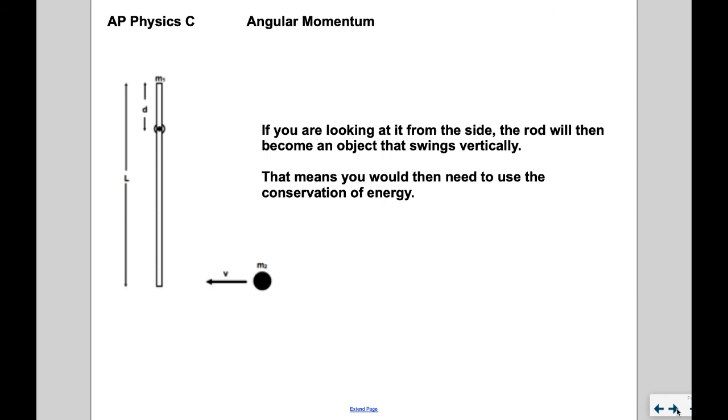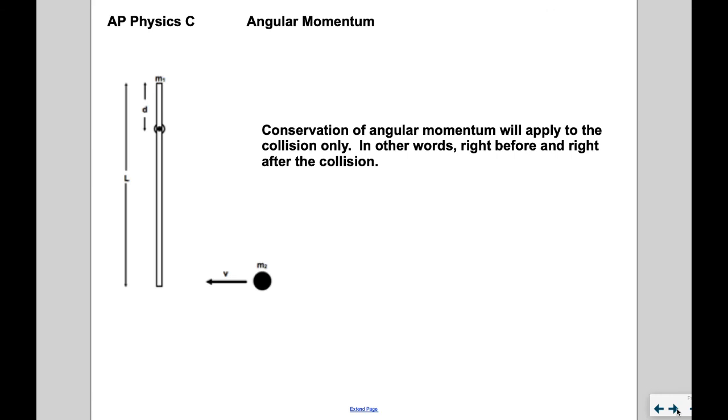If you're looking at it from the side, it gets pretty complicated, because then after the collision, the rod will become an object that swings vertically. We know something about objects that swing vertically. Can't use rotational kinematics, but you can use the conservation of energy.